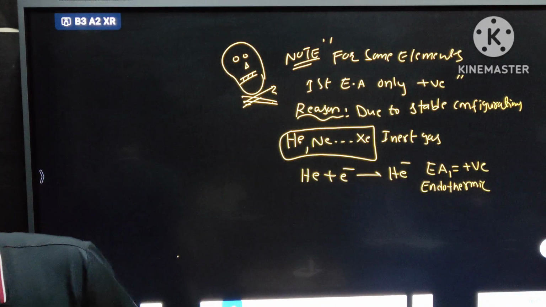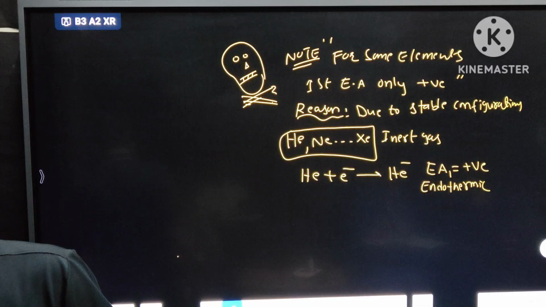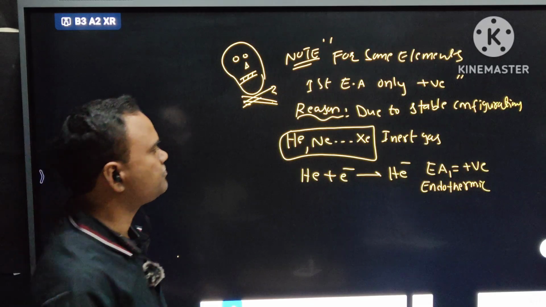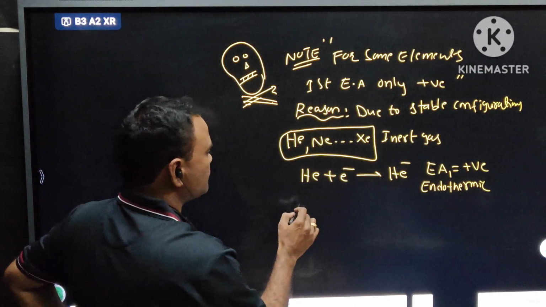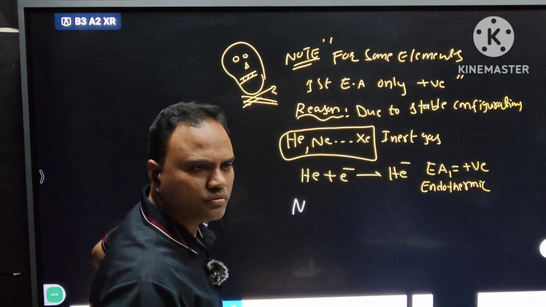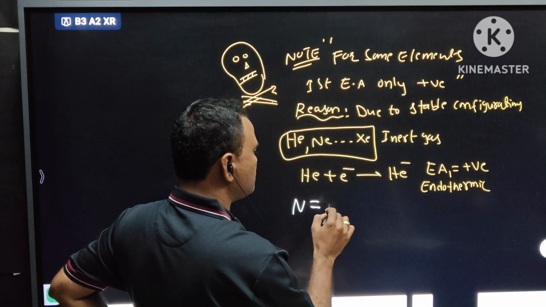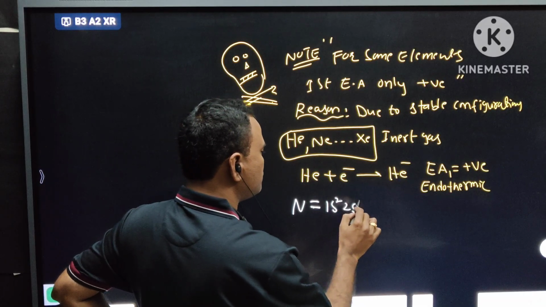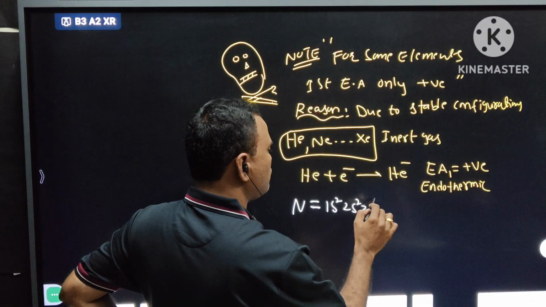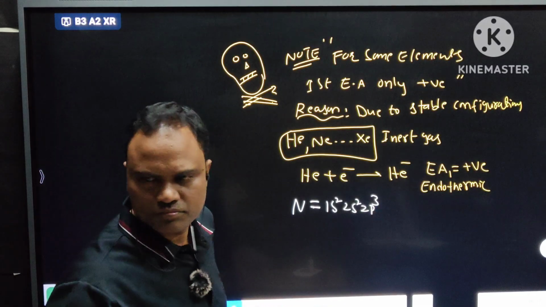Just a second. Nitrogen configuration 1s2 2s2 2p3, stable.